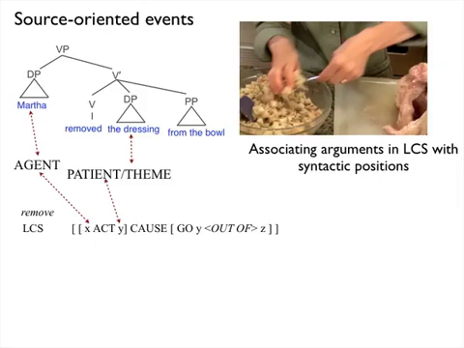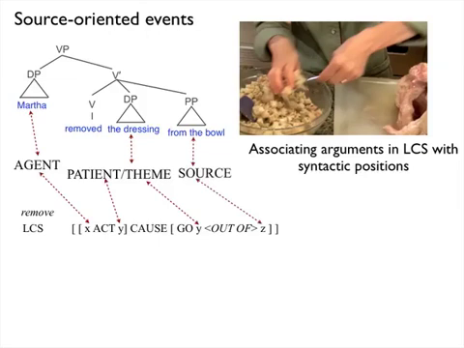Okay, so we have a general schema. Here, the Y argument is both. The reason I'm saying it's patient and theme is that we think of this as a case where the agent acts on something, and then that something moves out of one place and possibly into another, right?